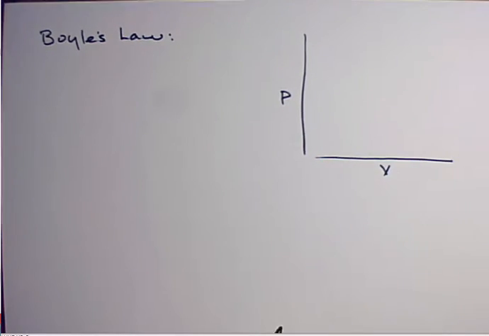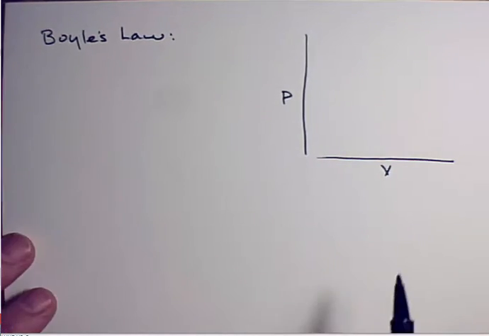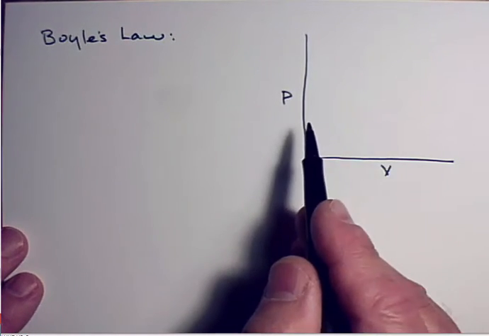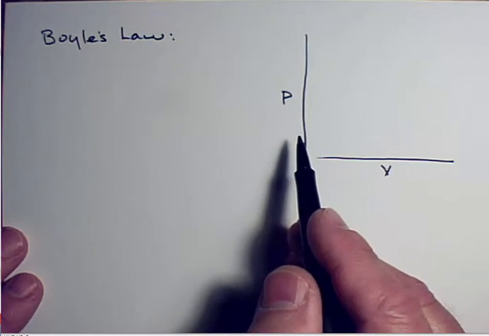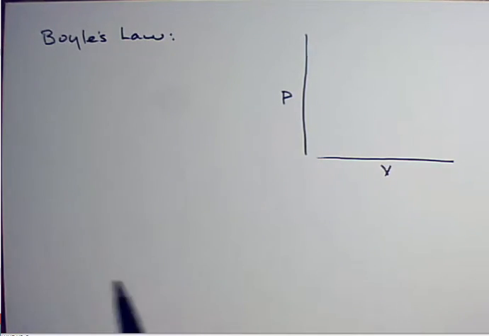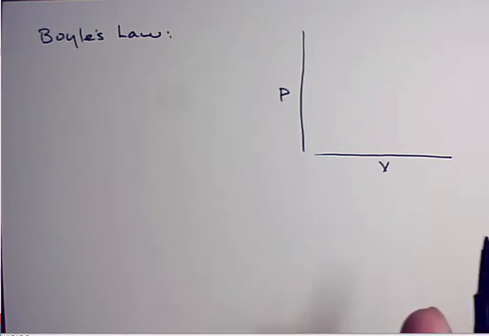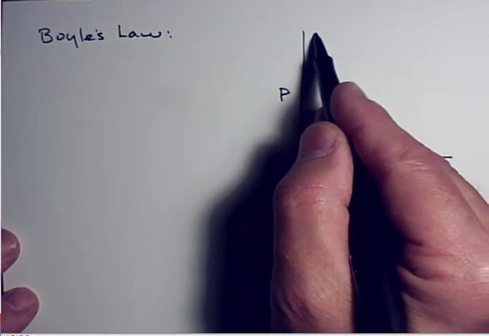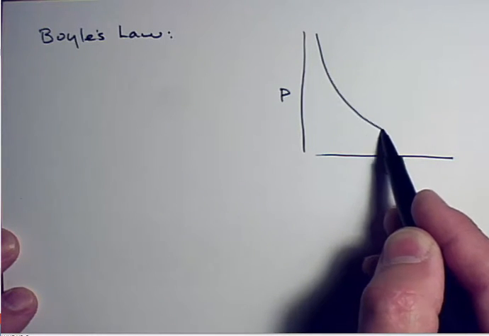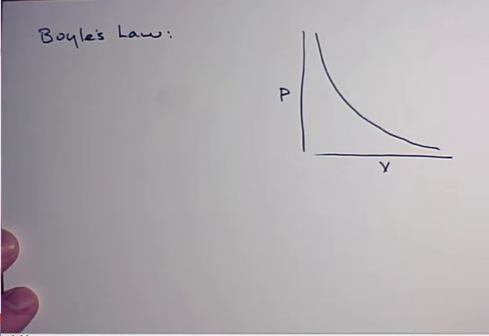The number of moles of gas, the number of molecules, didn't change. All you changed was the volume and the pressure. Even the temperature remained at room temperature. You allowed it to equilibrate, to become the same temperature as the surroundings. And you found a behavior that looked something like this. That's an inverse relationship.